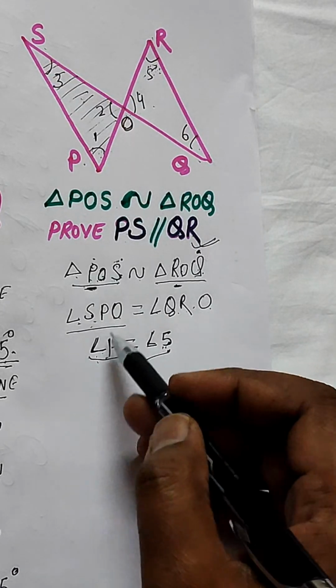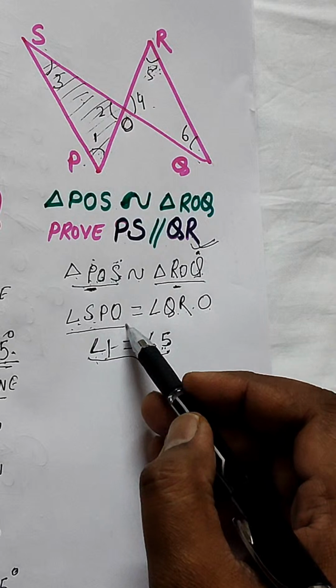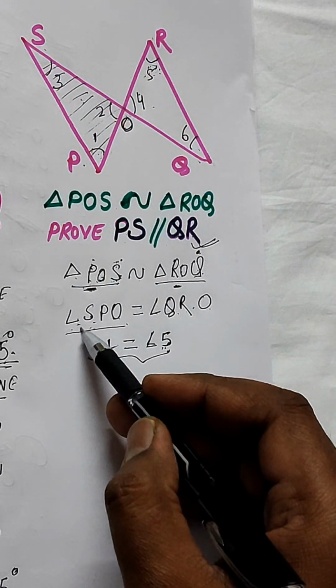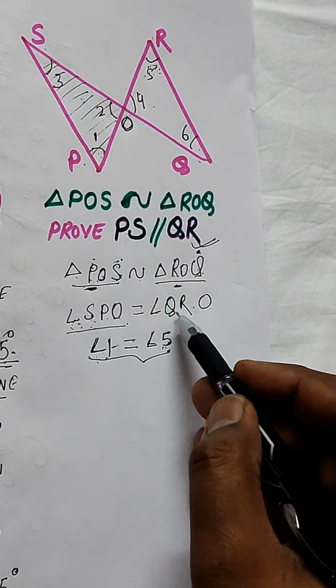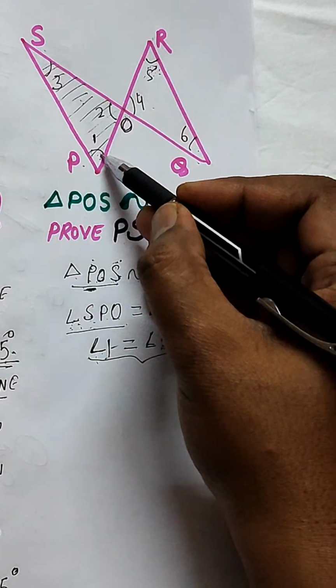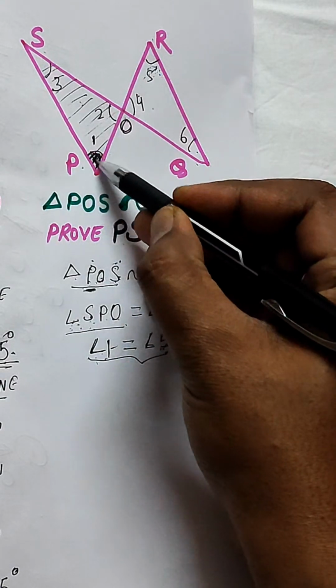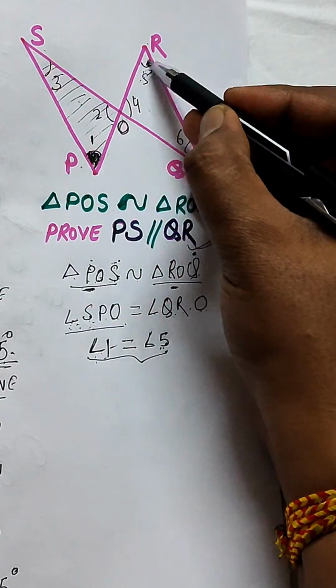So anyway, if we have taken the sequence, angle SPO is equal to angle QRO, this angle 1 is calculated as equal to angle 5.